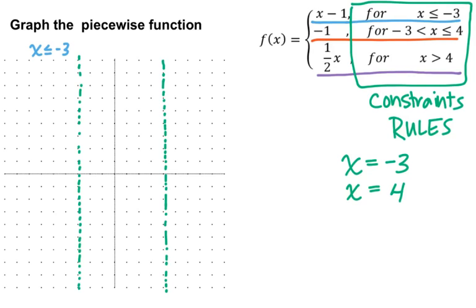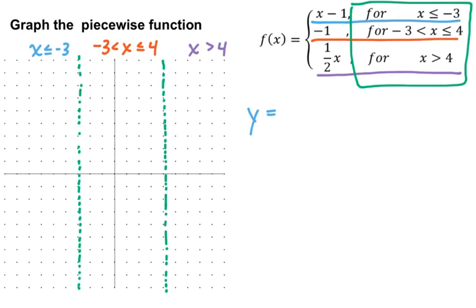We have a region here in the center where my x values are greater than -3 or less than or equal to 4, as well as over here we've got x is greater than 4. So these constraints are dividing the graph into three separate domain regions. Let's look at graphing each one of these functions by making a table in each region.